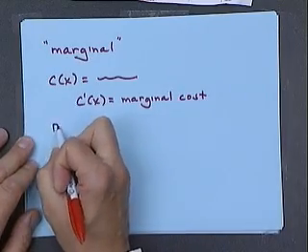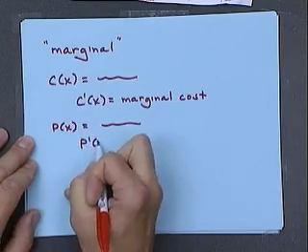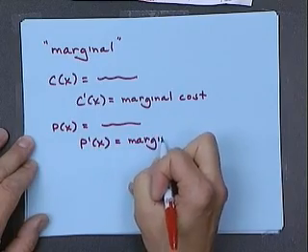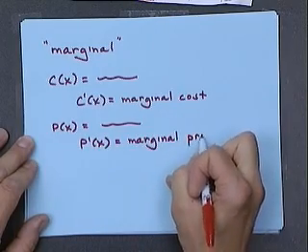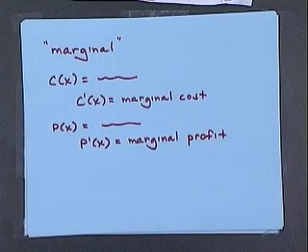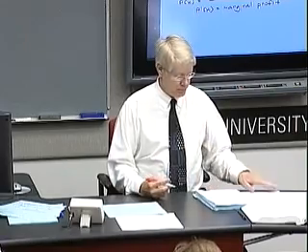If you are given a profit function and they are discussing P prime, or they ask you for the marginal profit, that word marginal means that we need to find the derivative. It's the instantaneous rate of change. You'll see that, and we'll deal with that in lots of examples from this point forward.